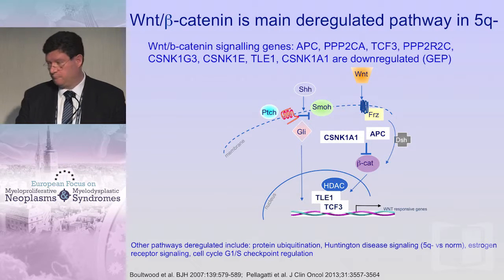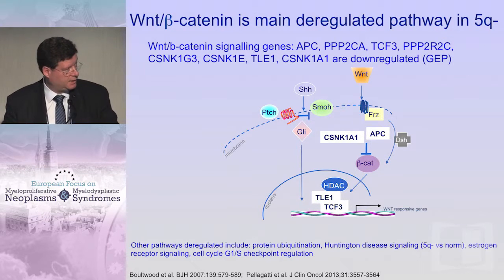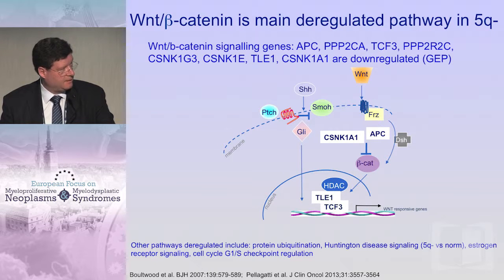From the gene expression profiling work, as we saw two slides before, the genes from the critical region that are downregulated on the long arm of chromosome 5 include phosphatases and proteases, and an important one, casein kinase.